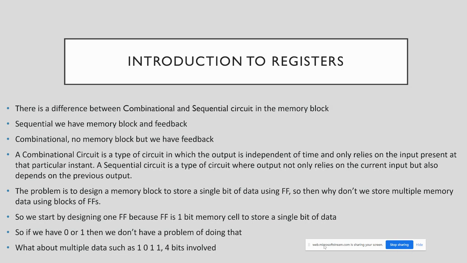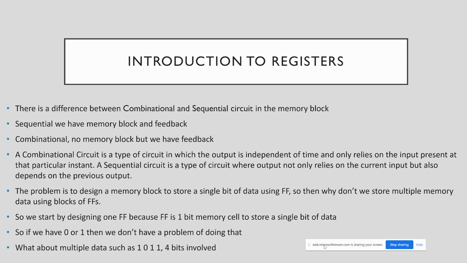Before I start talking about registers, we need to understand the difference between combinational and sequential circuits in a memory block, because there's a difference. Sequential circuits have a memory block and feedback, while combinational circuits have no memory block.